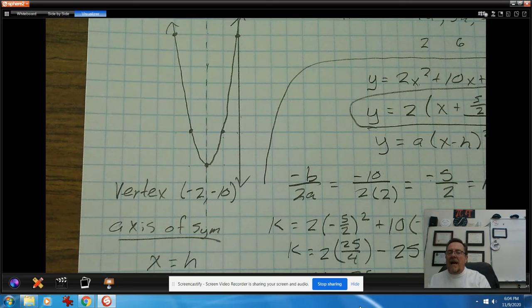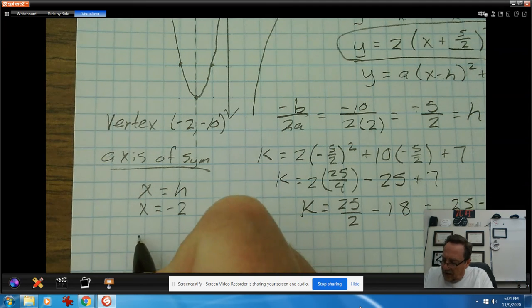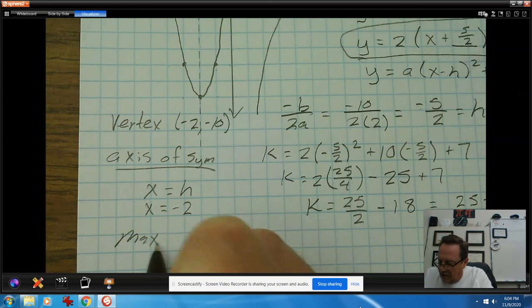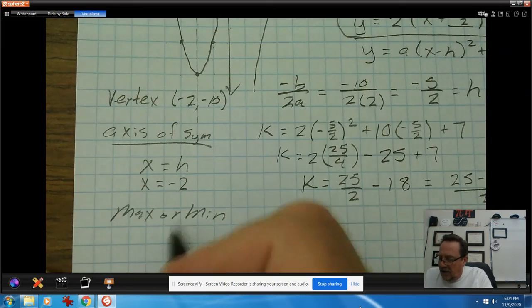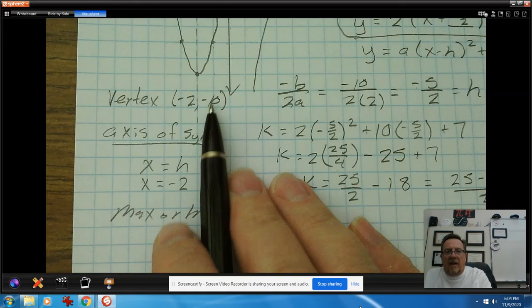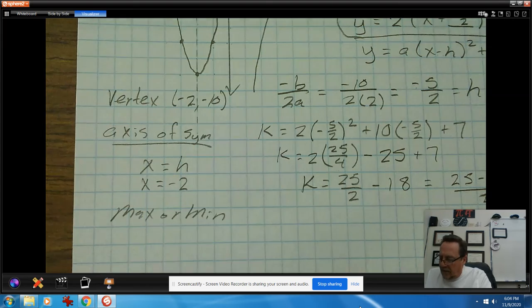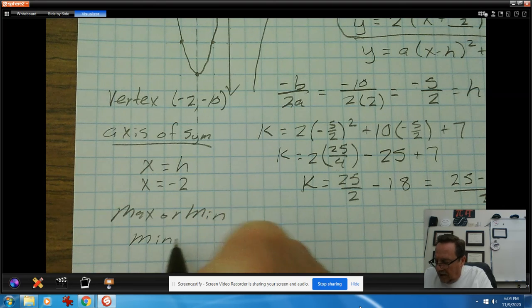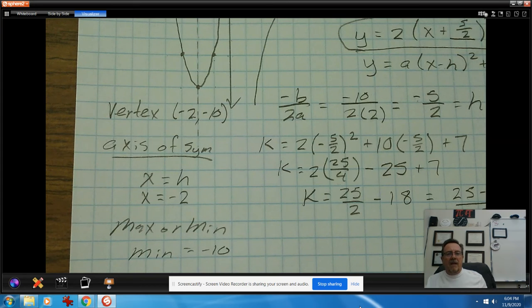So your minimum or maximum value is always going to be the y value of the vertex, in other words, k. For this graph, the minimum value is -10. That's your k value. That's as small as it's ever going to get in the y direction. That function will never get smaller than -10.